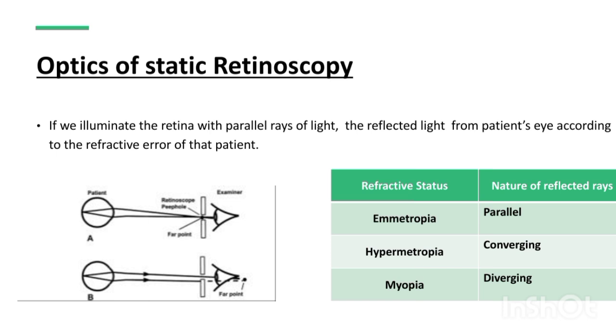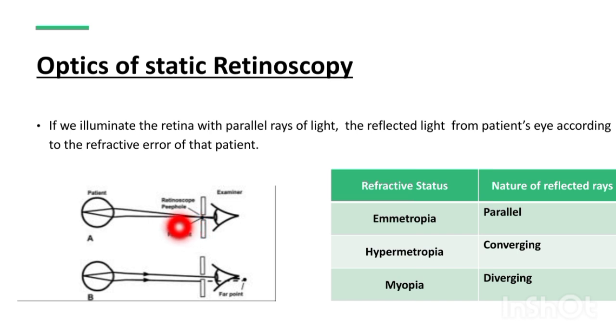When the patient is hypermetropic, the reflected rays will be converging rays, and when the patient is myopic, the reflected rays will diverge. See, in this picture, this is the examiner and this is a retinoscope. This light goes like this into the patient's eye and is reflected back to the peephole of the retinoscope.